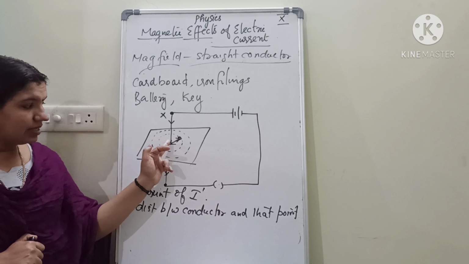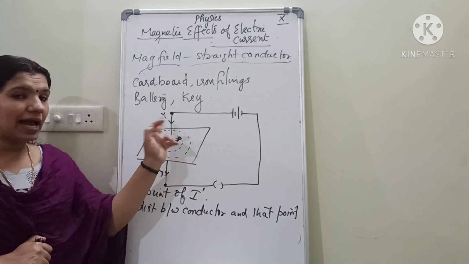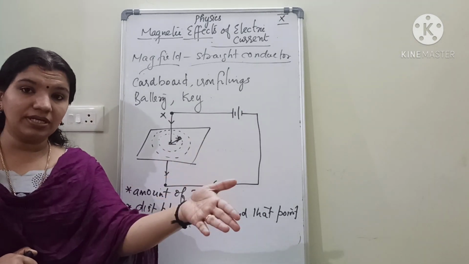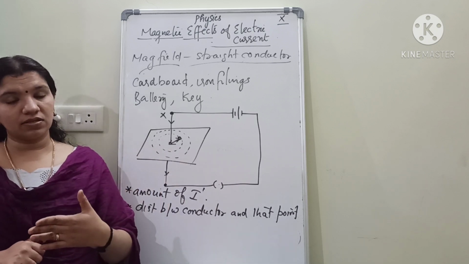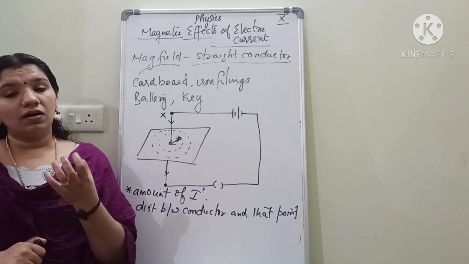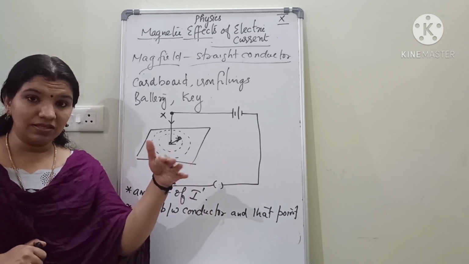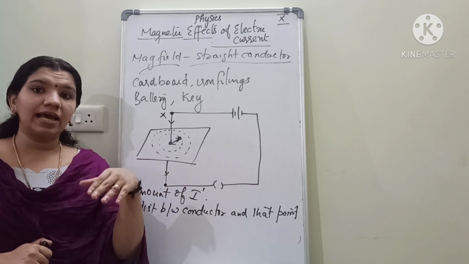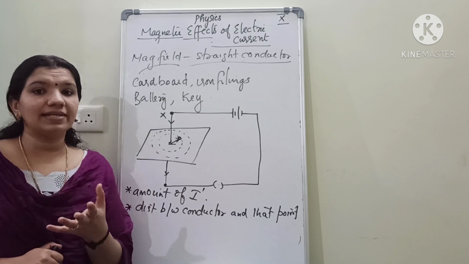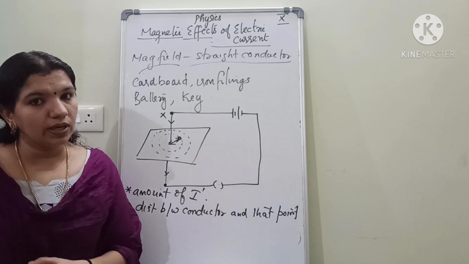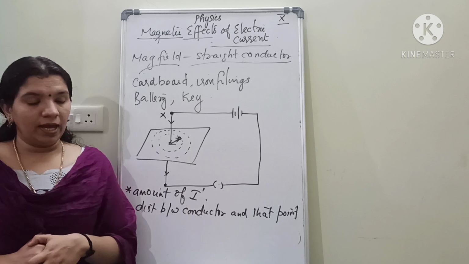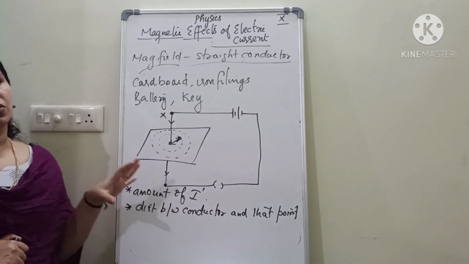Second is the distance from the conductor to that point. If the point is at a larger distance, the magnetic field is decreased. It can be clearly observed with the help of the field lines. As the distance increases, the gap between the field lines also increases, which indicates that the magnetic field is getting weaker and weaker. Okay, so this activity you have to study.